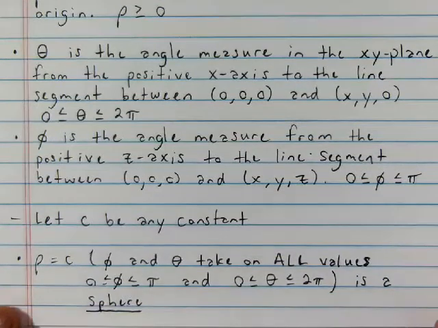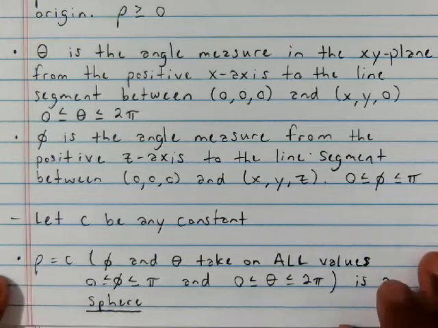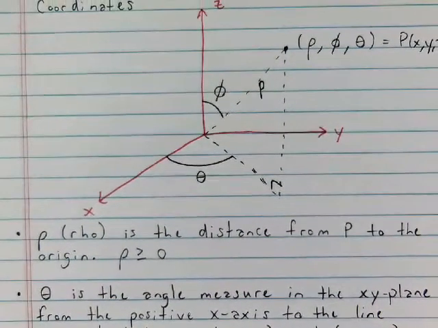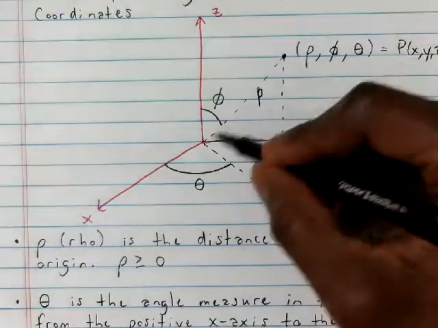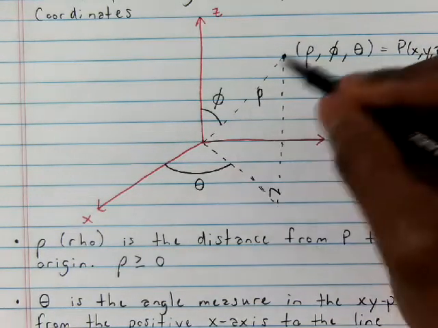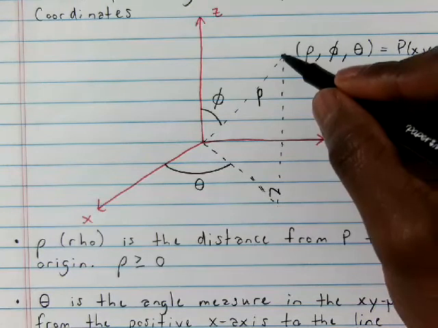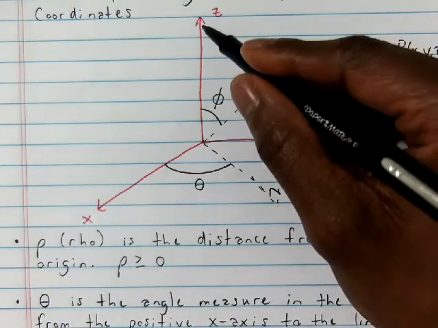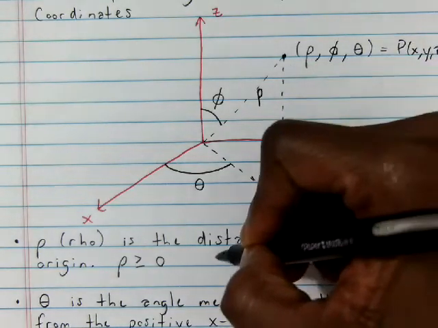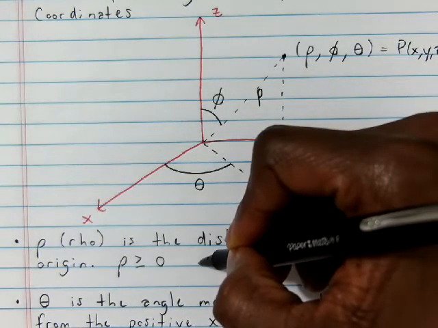So let's look and just try to make sure we understand. If we just have rho equal to c, theta gets to vary through all its values, phi gets to vary through all its values. We go back and look at our picture. So rho is fixed at some fixed distance c from the origin. Now if we take phi and go from the positive z-axis all the way down to the negative z-axis, we get a semicircle.